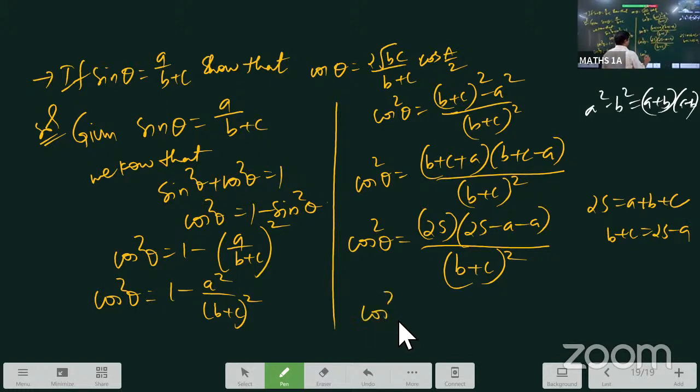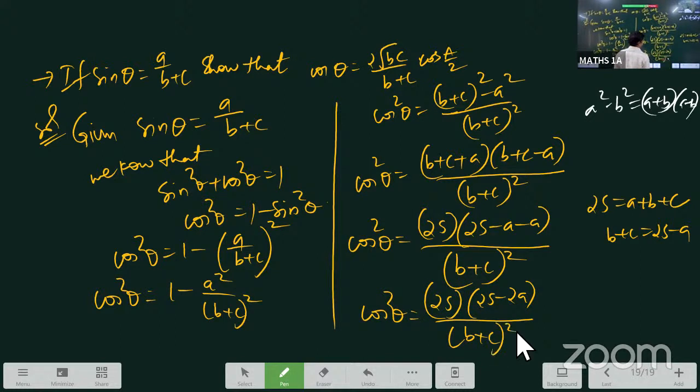And cos square theta equal to 2s into 2s minus 2a by b plus c whole square. Taking 2 common, it is 4 into s into s minus a by b plus c whole square.